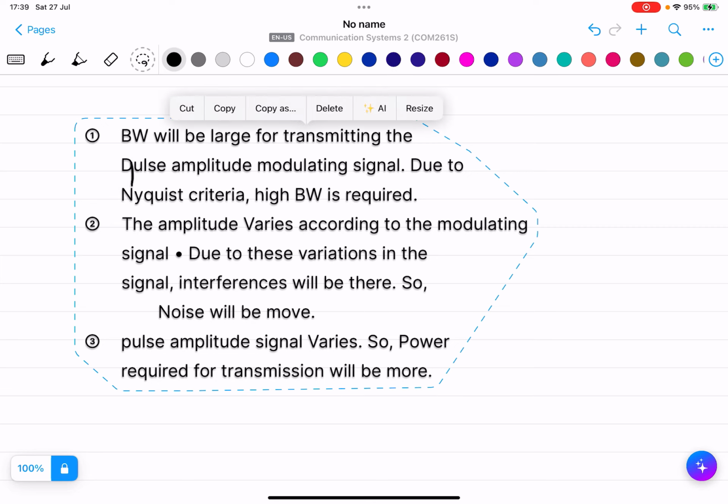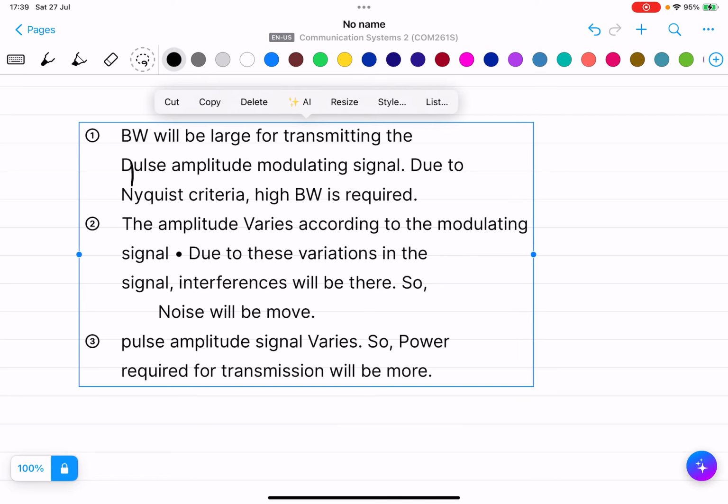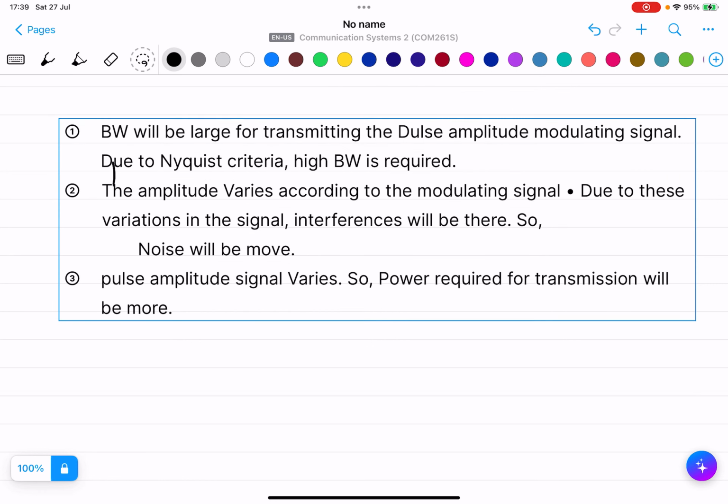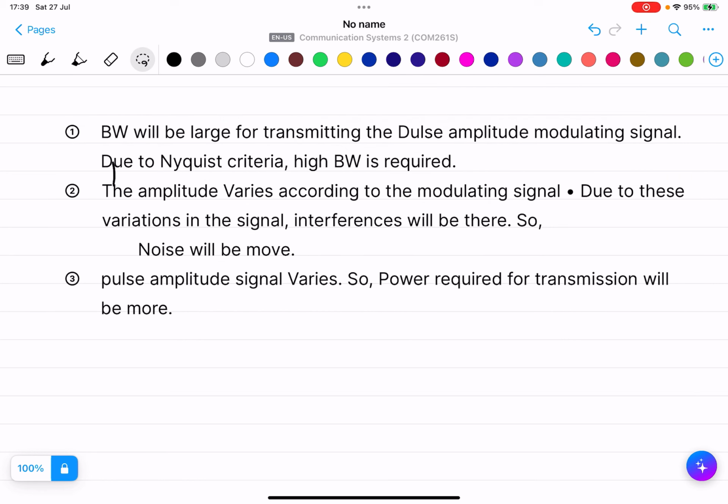Due to these variations, signal interferences will be there and noise will be more. And the third one is the pulse amplitude signal varies, so power required for transmission will be more. So power required is more, and noise will be more. So these are the three disadvantages of PAM.